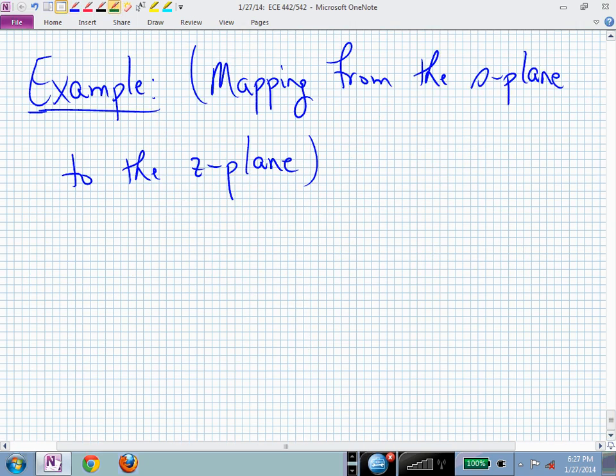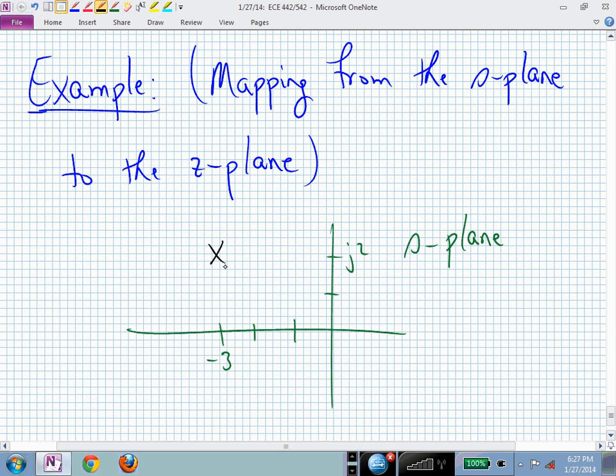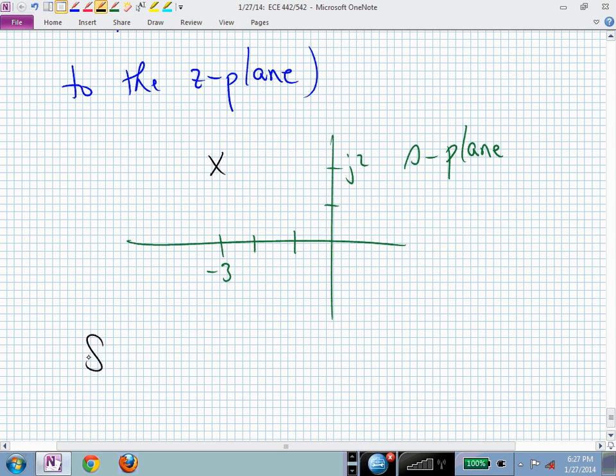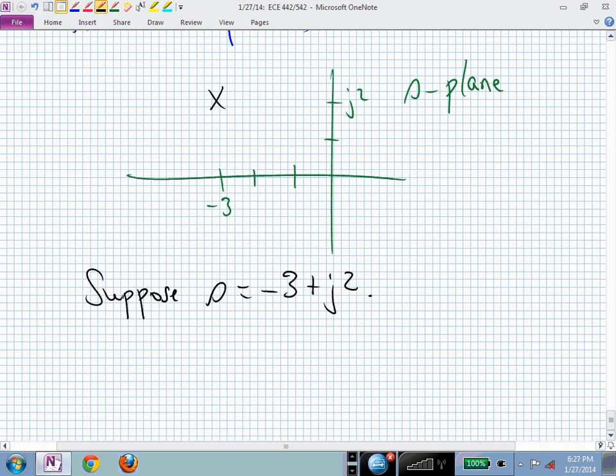To give us something to think about, here's our complex S-plane. Real is horizontal, imaginary is vertical. Maybe we pick something, suppose s now is minus 3 plus j2. And this is a complex plane. It has a real axis and an imaginary axis.